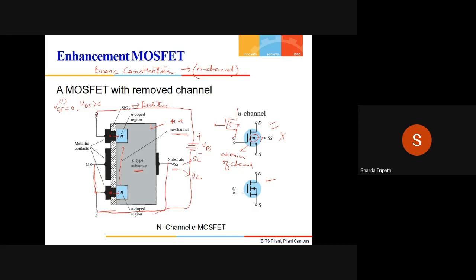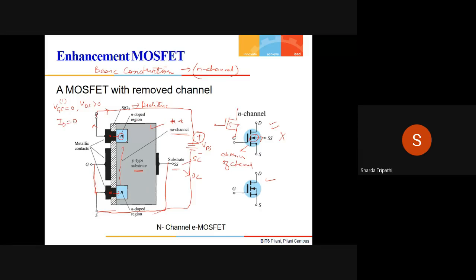So now you see here we have the positive terminal of the voltage that we have applied. This positive voltage will try to pull out the electrons from these N regions, and it will try to create a drain current. But we see that here there is no channel. Therefore the path of this circuit is not complete, so effectively the drain current is going to be 0.